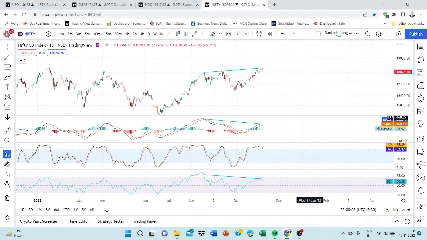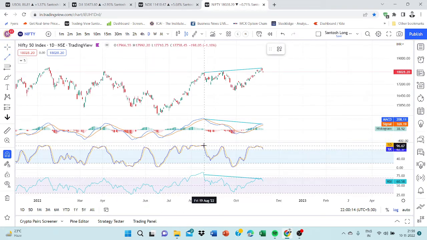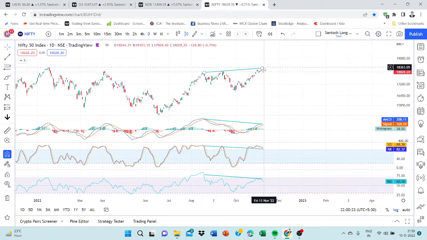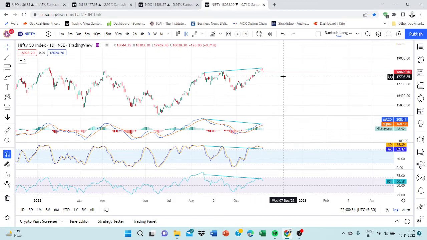See the beauty. This is the beauty of drawing divergence. See, price is making a higher high, but the indicator is making a lower high. So that means there is supposed to be a short term downside movement.